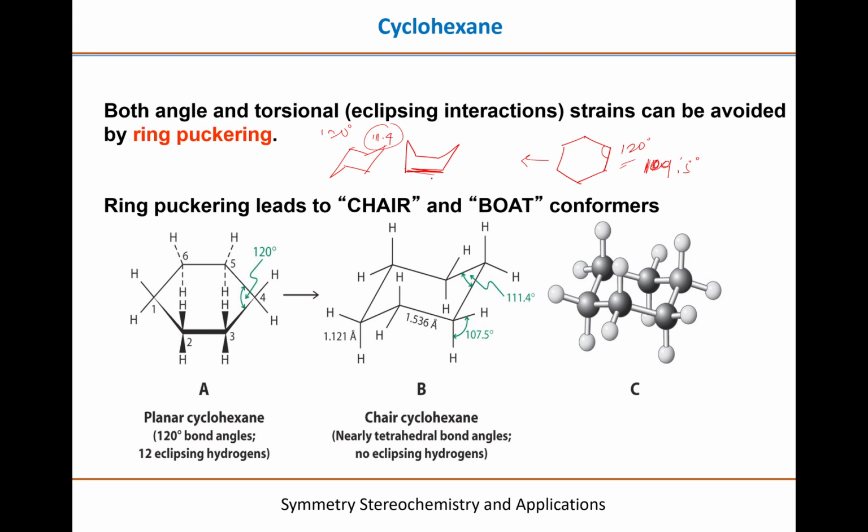But talking about the boat one, in the boat conformation, the angles are also about 111.4, but the one thing which makes it a little bit unstable compared to the chair is the flagpole interaction. The hydrogens present on these two carbons are interacting with each other. That is called the flagpole interaction.